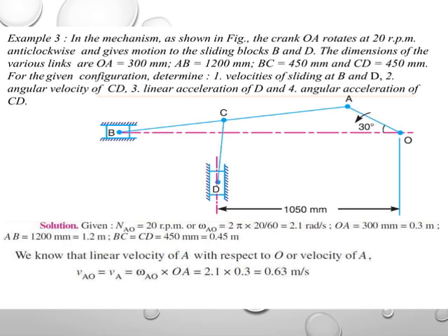Now the problem. In this mechanism, as shown in the figure, the crank OA rotates at 20 rpm anti-clockwise and gives motion to the sliding blocks B and D. The dimensions of the various links are OA 300 mm, AB 1200 mm, BC 450 mm, and CD 450 mm.